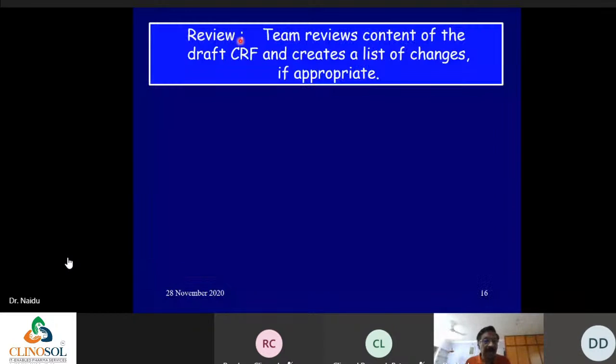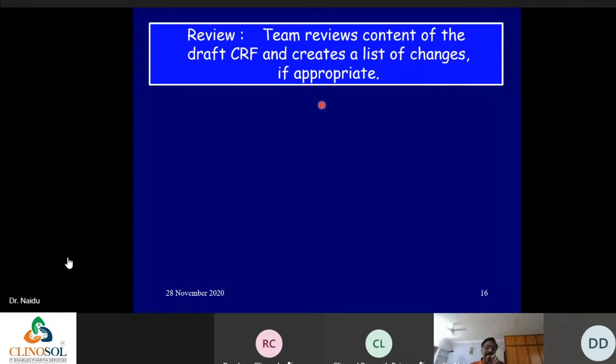Then again there is a review by the team, who review the content of the draft case record form and create a list of changes if appropriate. Each and every component of the case record form is reviewed again, and if they are okay, they say okay.